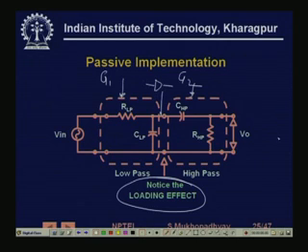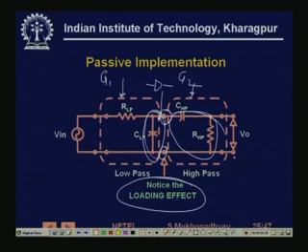Otherwise it's still going to be a band pass, but it will be slightly different from G1 G2 because of electrical loading, because this side is not open. When we derive this transfer function, we assume that these ports are open, but this is not open. So the effective impedance of this branch will be this in parallel with this.